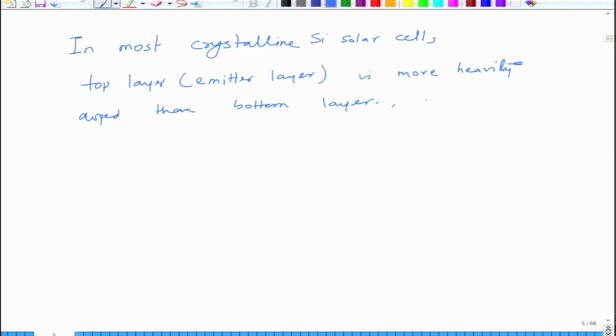As a result, the depletion region lies mostly in, where will it lie? In the bottom region.